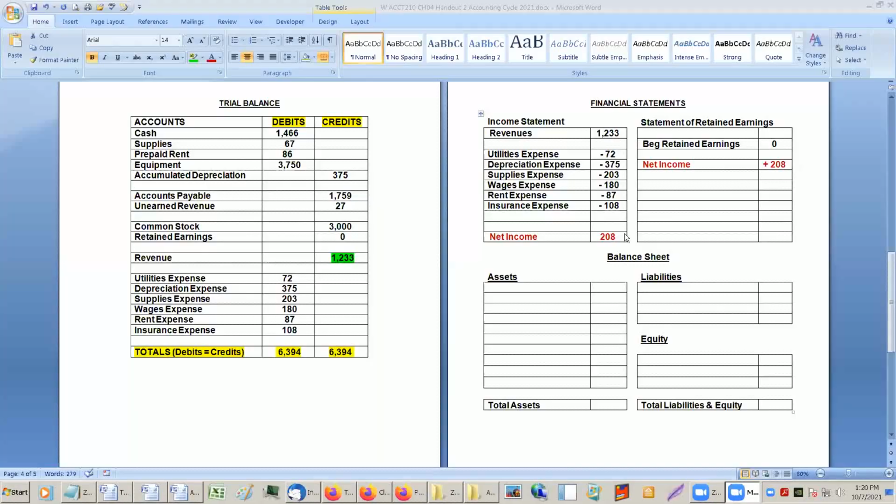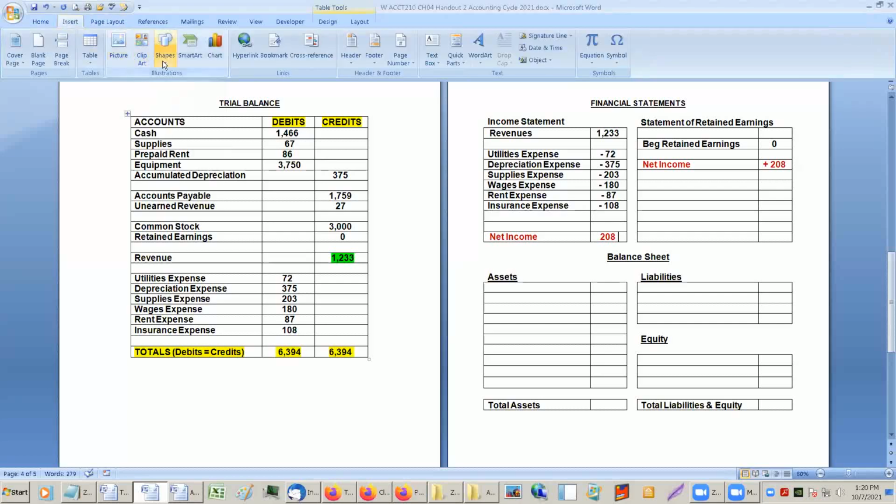But don't add the expenses in, because the revenues are money coming in and the expenses are money going out. As long as you get the income of whatever it was, 208, that's fine. So if you don't put the negatives in there, that's fine. I put them in there just to remind myself that that's money going out.